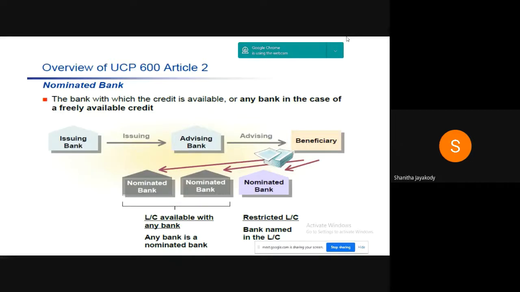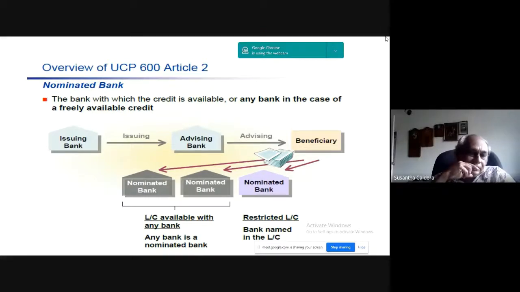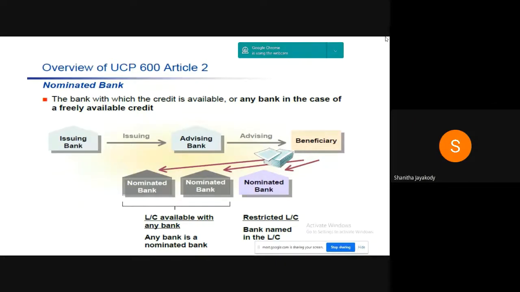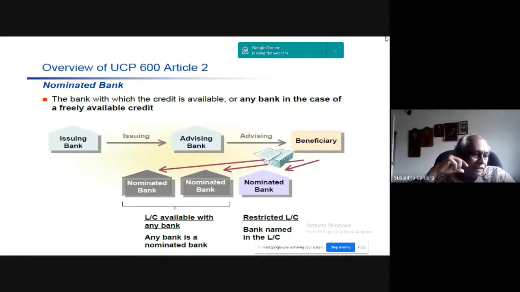If the LC is available with any bank, assume we are Commercial Bank, and a customer is coming with the documents and the original LC saying that he wants to negotiate the documents with us. So, what is our position, sir, in this regard? Right. Is that Shavindri? Sanita, sir.